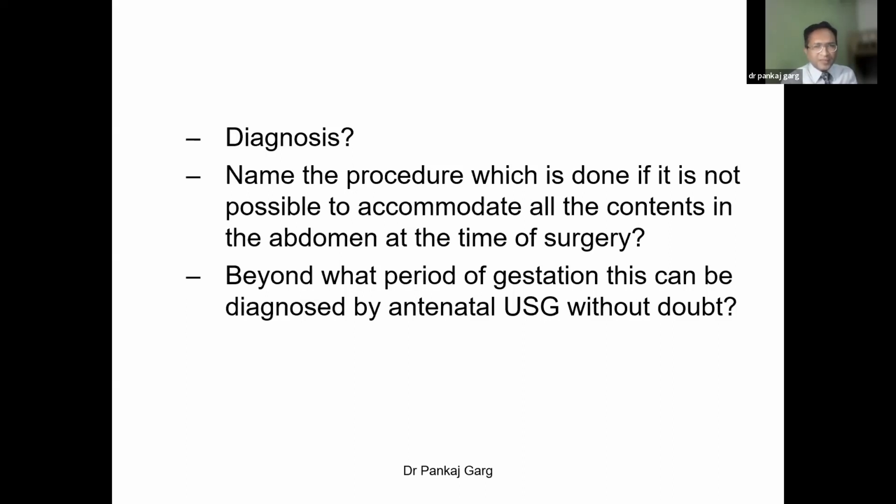But beyond what gestation, if you do it, you always know that this is omphalocele? No, not 22, not 18. The rotation of the gut is complete by 11 weeks. So by 11 weeks, the guts have returned to the abdomen. So if you're seeing it beyond 11 weeks, it is omphalocele, right? So the answer is 11 weeks.